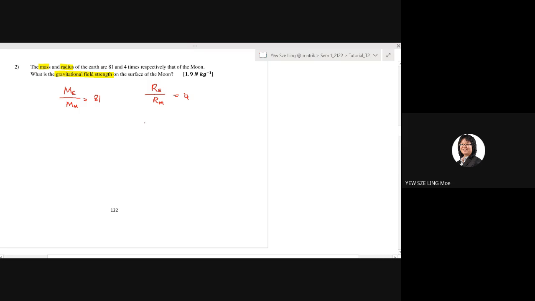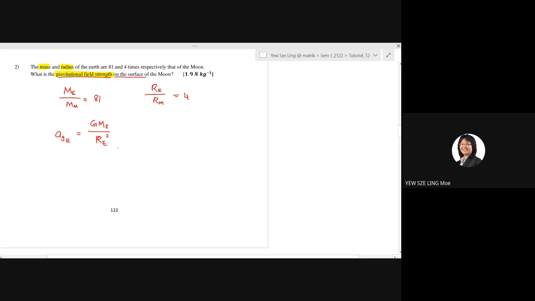So 81 and 4, those are the first things that we need to know. Now, since the question tells us we need to calculate the gravitational field strength, why don't we form equations for them? So the gravitational field strength for the Earth, AGE, is equal to G ME over RE squared, because the question is asking for the surface, so you just take the radius of the Earth.